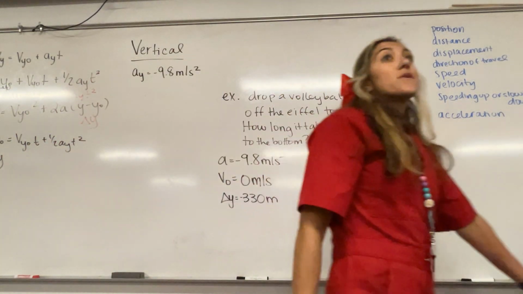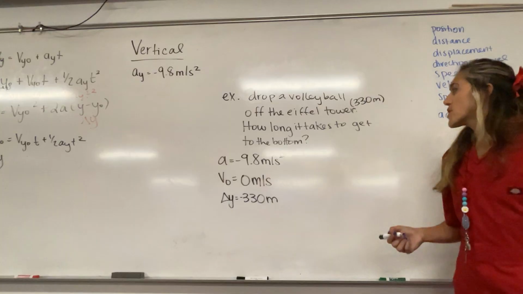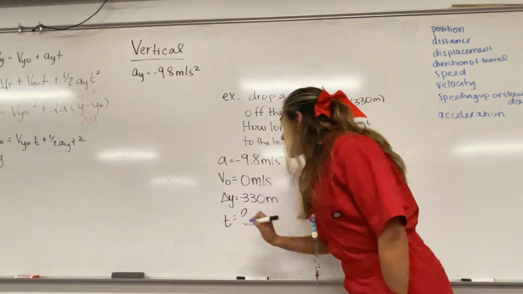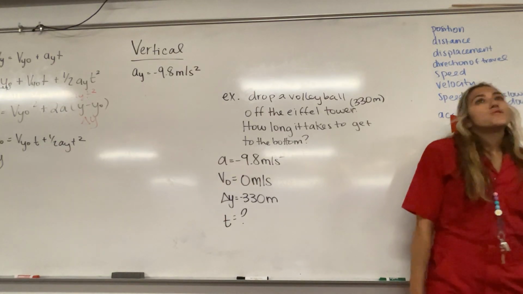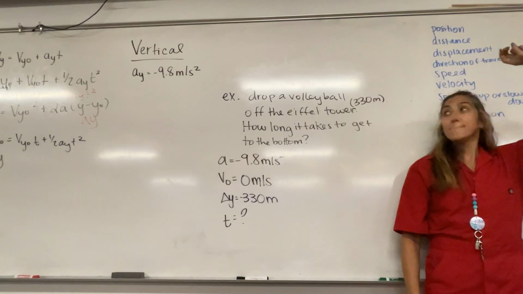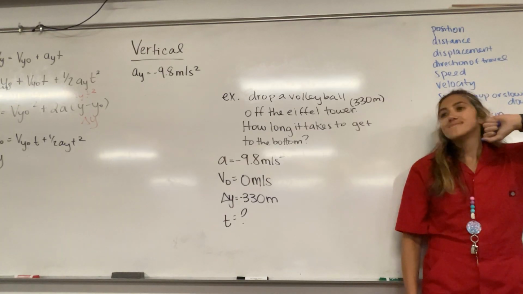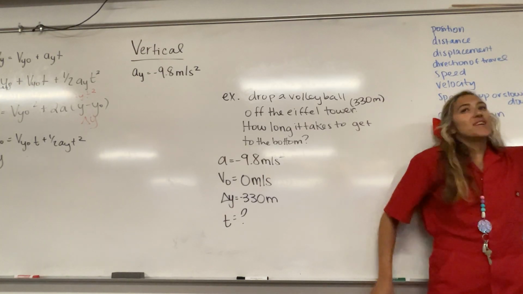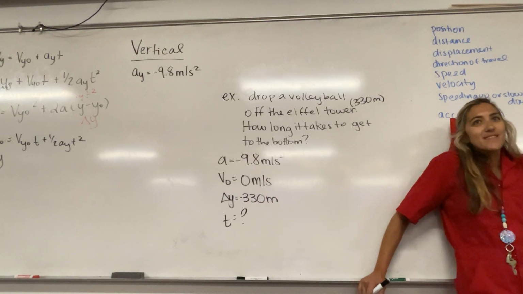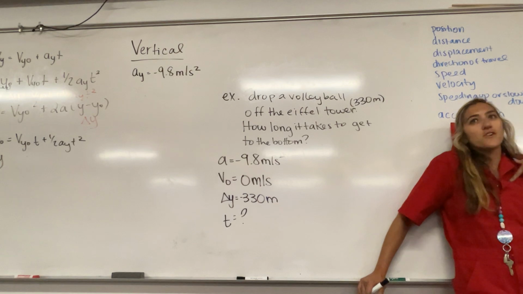All right. So now we're solving this problem. What are we looking for? We're looking for time. So pick an equation and let's solve. Which equation do we want to use? Let's talk about this for a second. Don't wildly guess. No reason to make physics hard. If you don't know how to choose an equation, let me tell you.